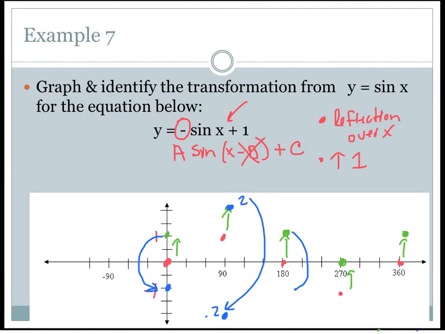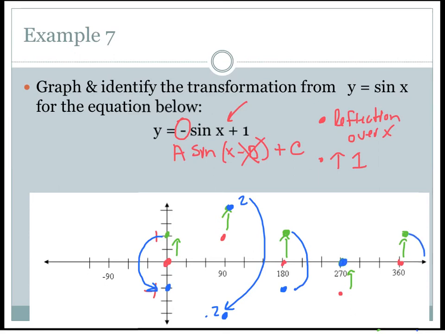This guy's going to go down here. And notice the ones that are across from each other are still going to be across from each other here. Then this guy is shifted up to the 0, so when it reflects, it's going to reflect on itself.